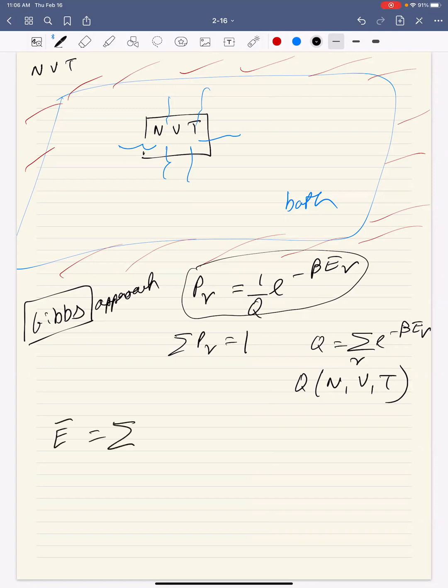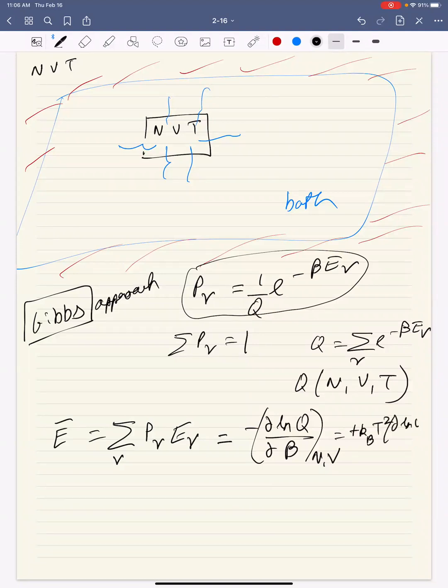That is given as the summation over all microstates of the probability of that microstate multiplied by the energy in that microstate. And this came out to be minus partial log Q by partial beta at constant NV, which is the same as plus KB T squared partial ln Q by partial T at constant NV.